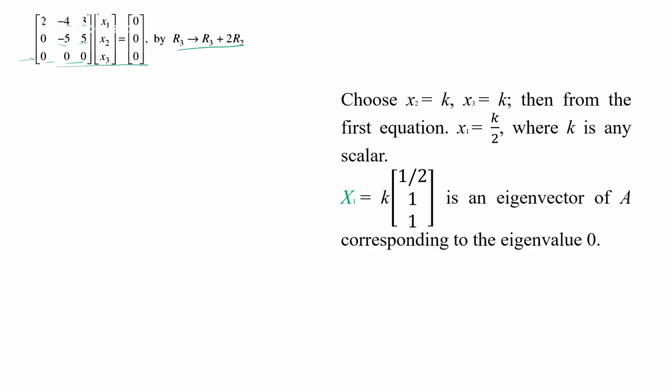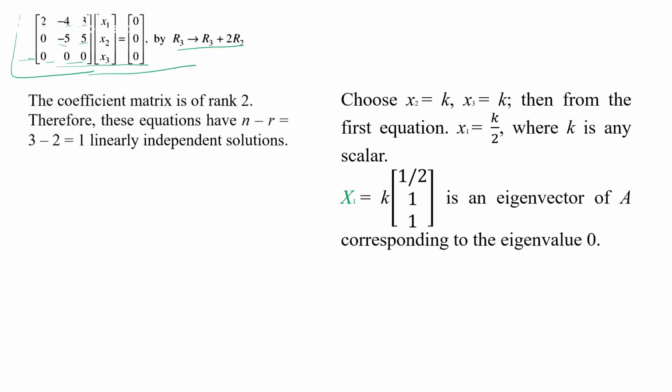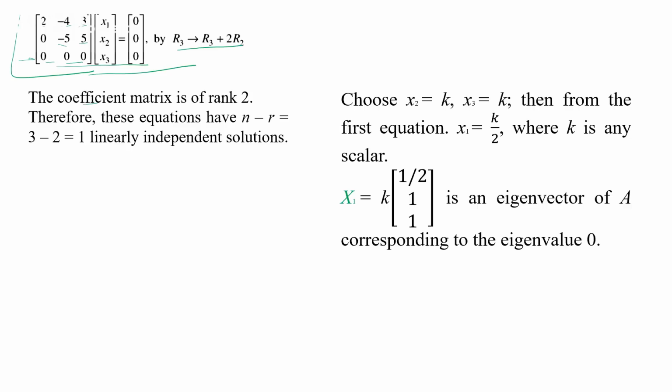Now in the third row, all elements are 0, so it is now the echelon form of that matrix. At that stage we can say the coefficient matrix A has rank 2, and there are three unknowns in that system.